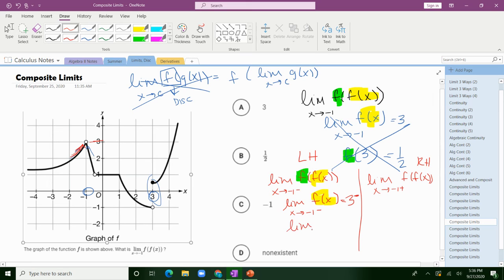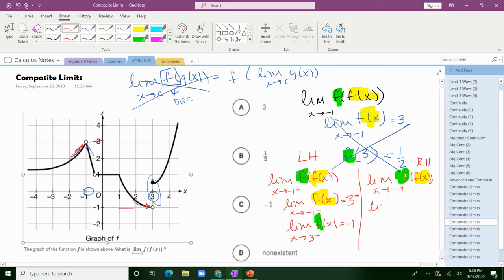So then I'm going to do the limit as x approaches 3 from the left. And now I'm going to go to my outside function, which was f of x again. So now let's approach 3 from the left. And you can see your limit is -1. Let's see if the right-hand limit matches. If so, then our overall limit of the composition will exist.